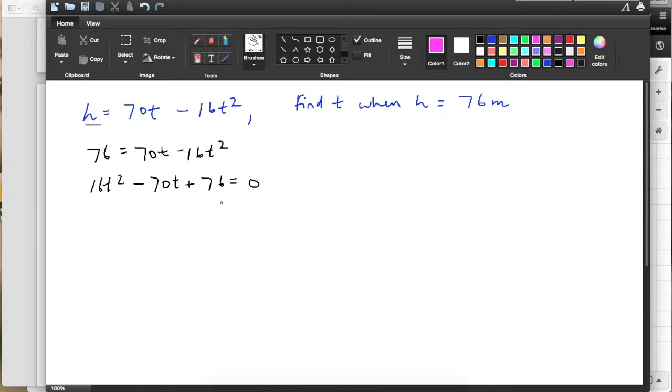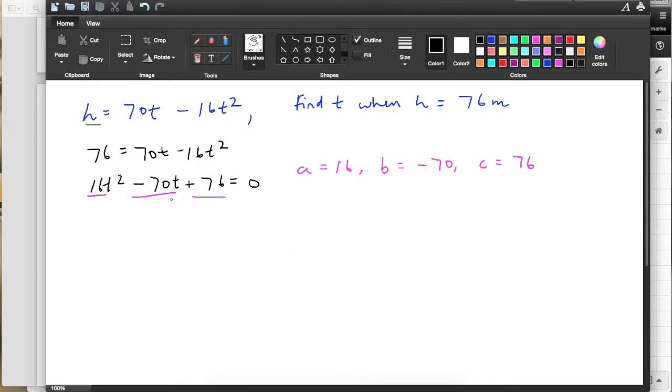So remember, the quadratic equation is ax squared plus bx plus c. In this case, we have a equals 16, b equals negative 70, and c equals 76.